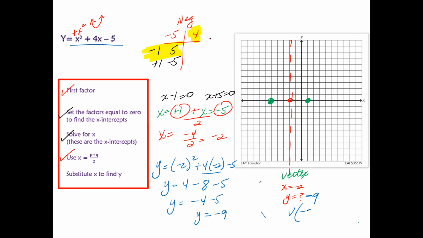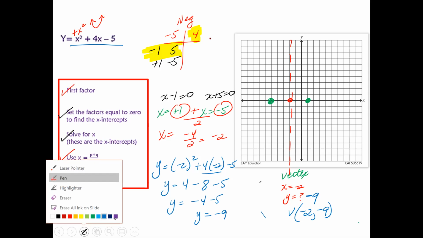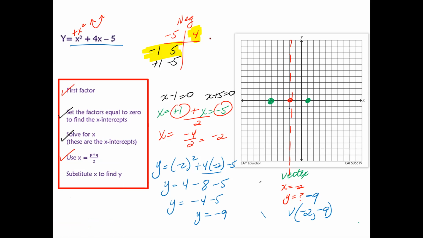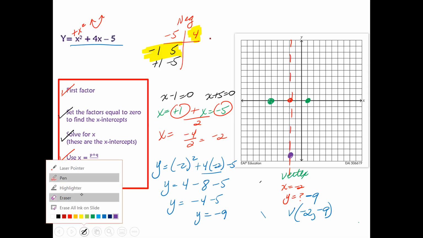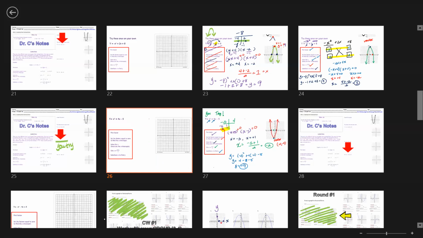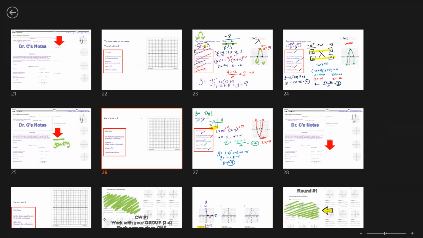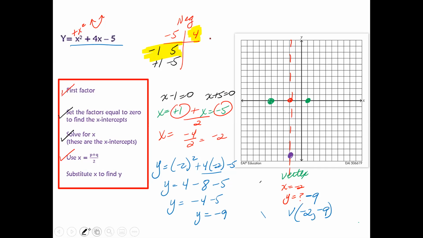So your vertex is at negative 2, negative 9. So let's go down. 1, 2, 3, 4, 5, 6, 7, 8, 9. And then you have your last step, which is just basically connect the dots. And this is your parabola.